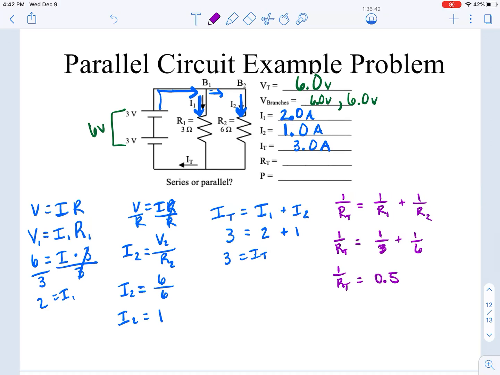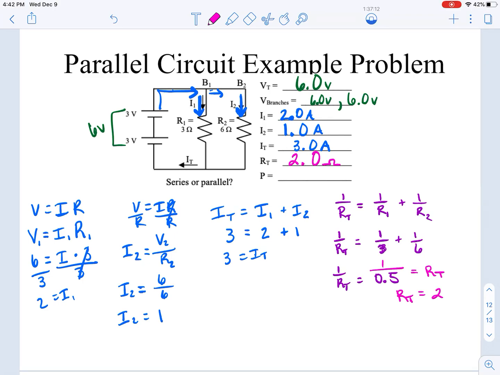And remember, this is 1 over RT, so I need to take this and say 1 over 0.5 is going to give me R. So we're going to invert that, and I get my R total is 2. So 2 ohms is my total resistance, okay?